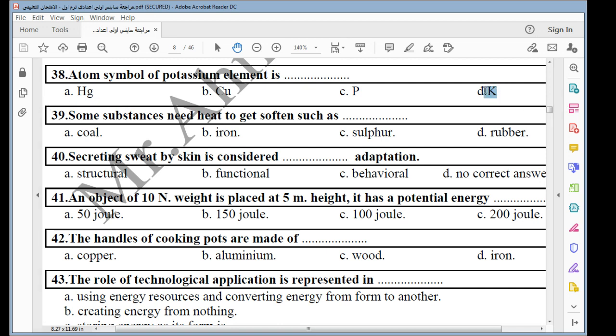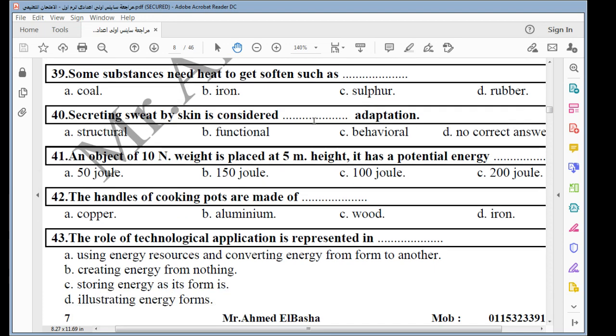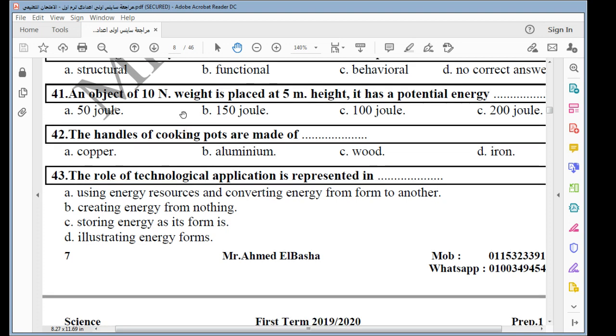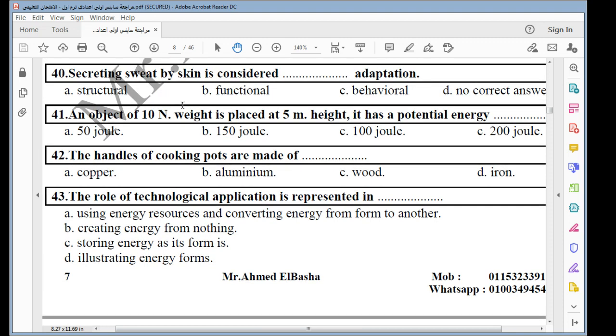K اللي هو البوتاسيوم. 39 some substances need heat to get softened such as. تمام iron. 40 Secreting sweat by skin is considered space adaptation. طبعا يبقى ايه؟ functional adaptation.